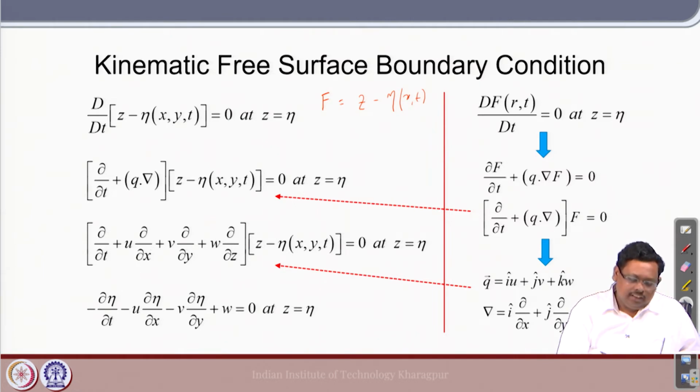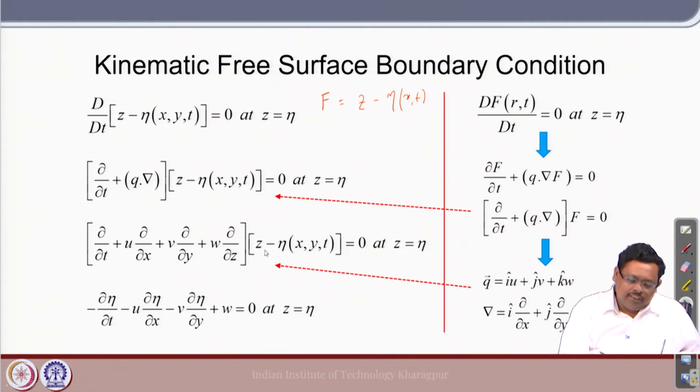Now, here this z is not a function of t, however, this eta is a function of t. So, therefore, ∂/∂t of eta I just write as minus ∂eta/∂t. Now, again z is not a function of x either, but eta is a function of x. So, I substitute over here, and I get minus u ∂eta/∂x.